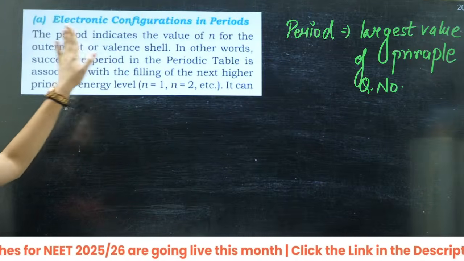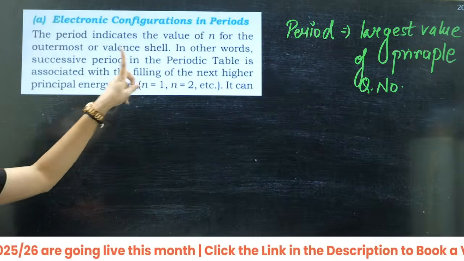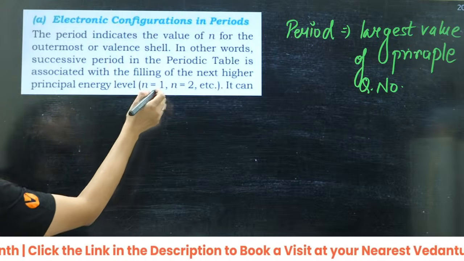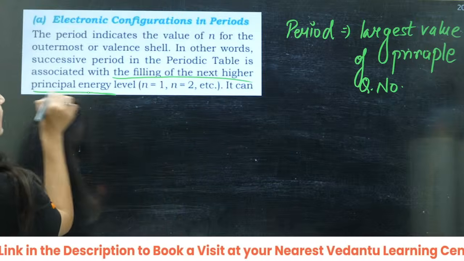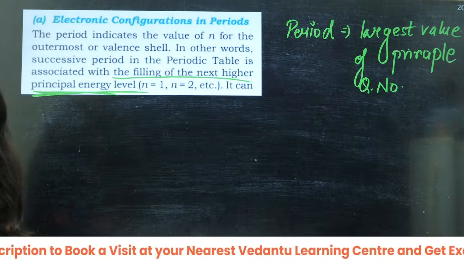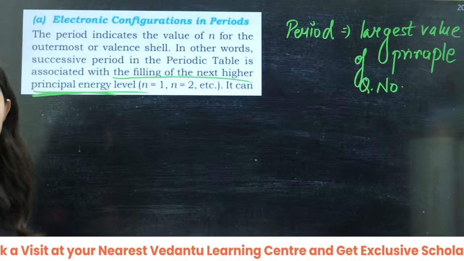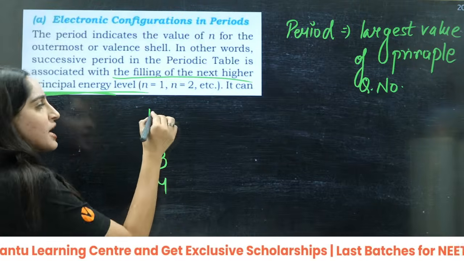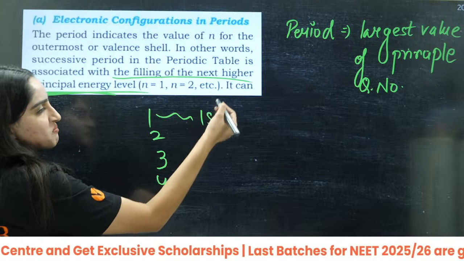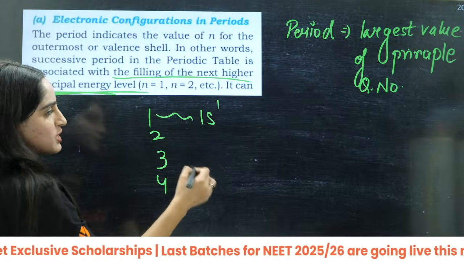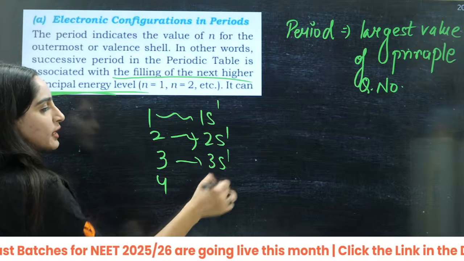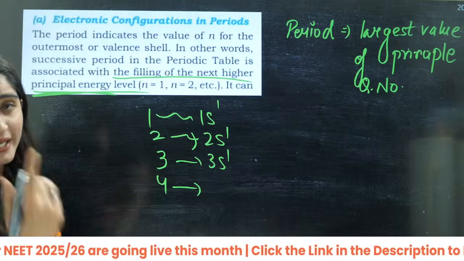So what they are saying is, the period indicates the value of n for the outermost shell. In other words, each successive period is associated with the filling of the next higher level. Ma'am, what is this? Basically, this is 1, this is 2, this is 3, this is 4. Here the filling will be 1s. If I talk about the first group, it will be 1s1. In the second period, it will be 2s1. Third period, it will be 3s1. Sorry, third period, not group.